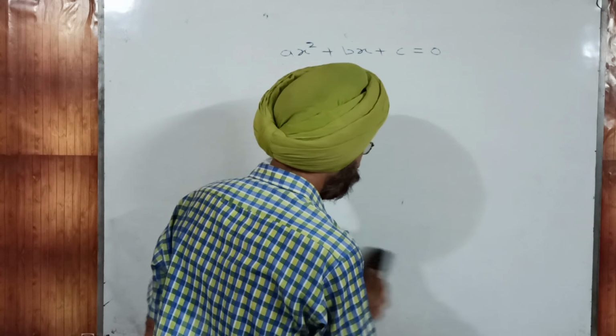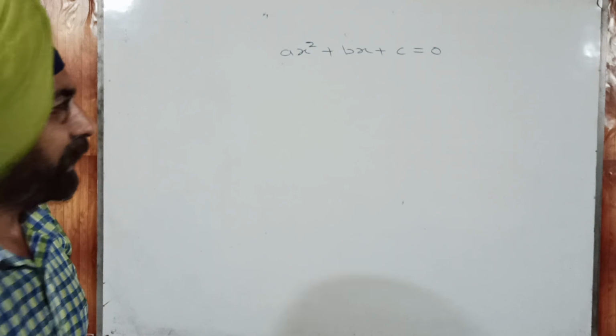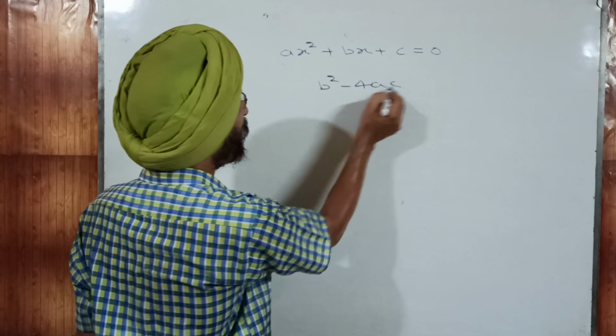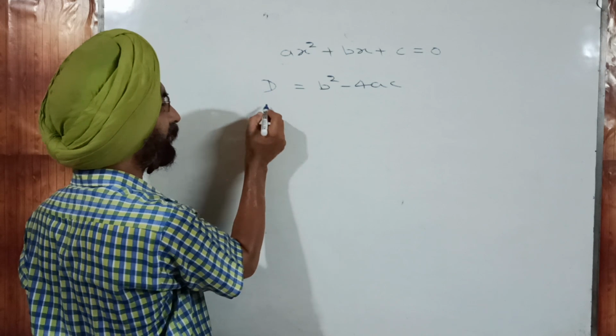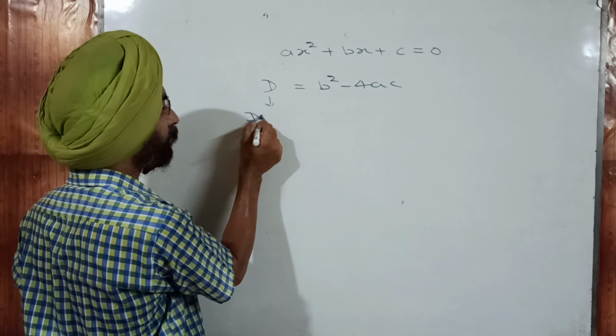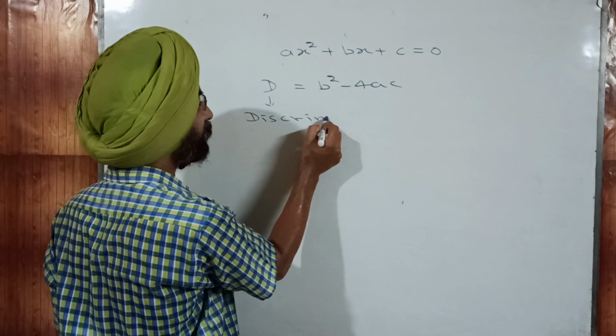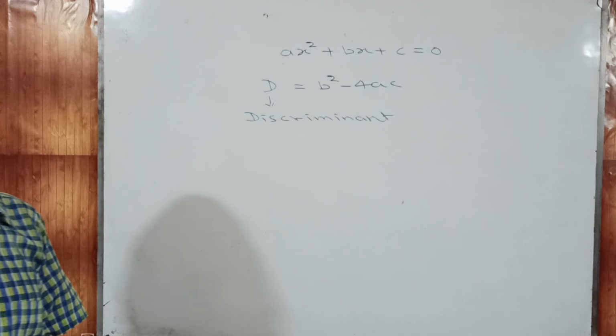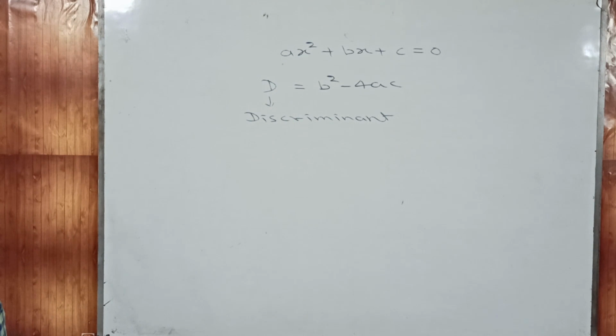So what we are writing now, b square minus 4ac, we will denote it by D, as it is called the discriminant.